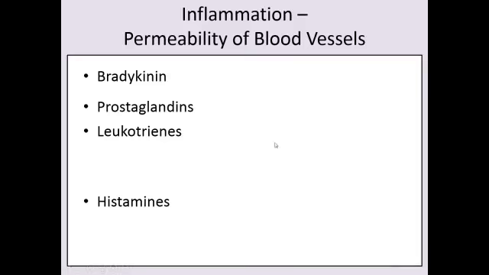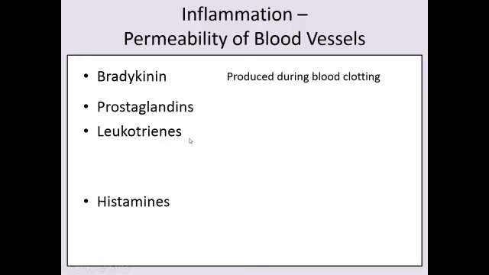There are several types or classes of molecules that lead to the permeability of blood vessels. In other words, they are inflammation mediators. Bradykinins are produced during blood clotting. So if you have damage to the tissue, either mechanical damage, say you cut yourself, or from pathogens lysing cells, then bradykinins are released, and this leads to inflammation.